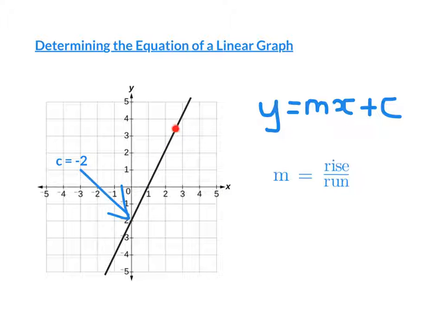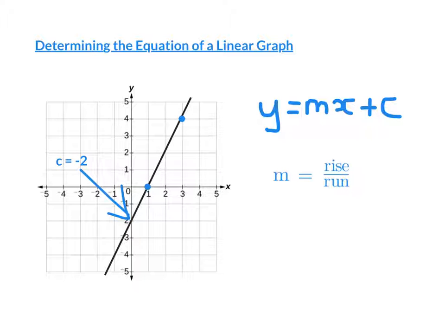If we were picking a point around here, we don't have whole numbers, and it's pretty difficult to figure out what those points actually are. So we want to pick somewhere that's on one of the edges like this, so we're looking at whole number coordinates. Now I've picked two points that are on those corners.